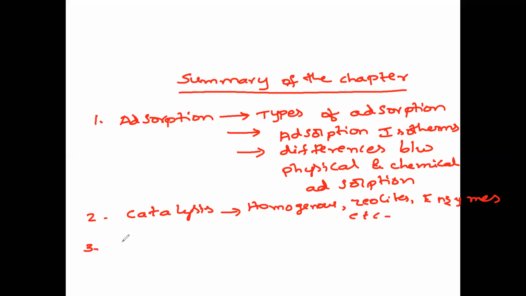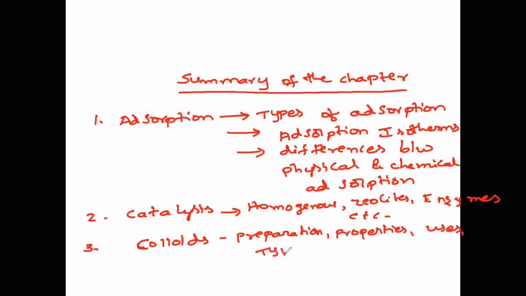Third topic we have done colloids. In colloids, very, very bigger topic in this chapter. So colloids we have done preparation, properties, uses, types of colloids, that is lyophobic and lyophilic, and colloidal systems.